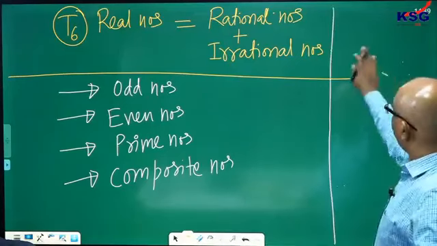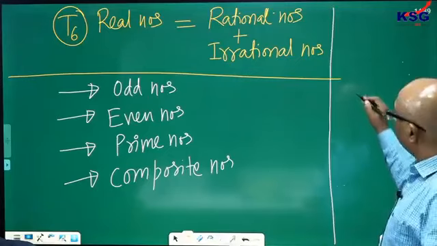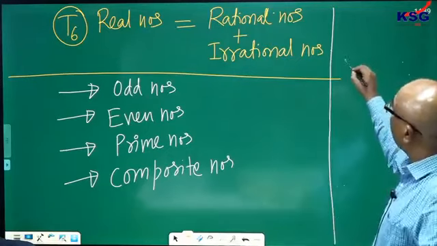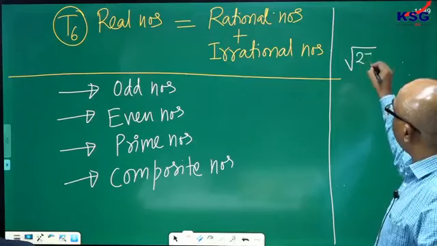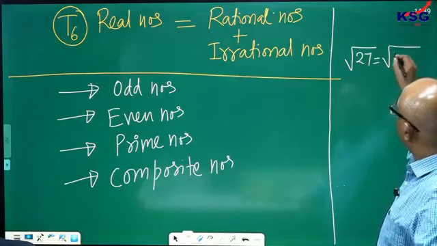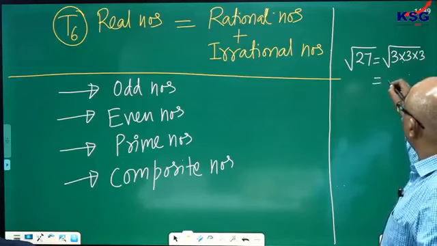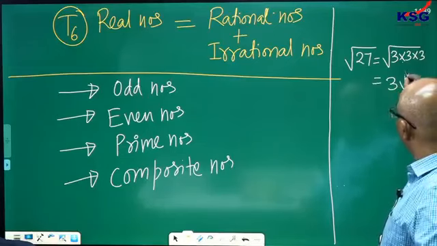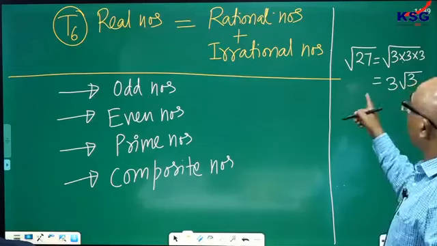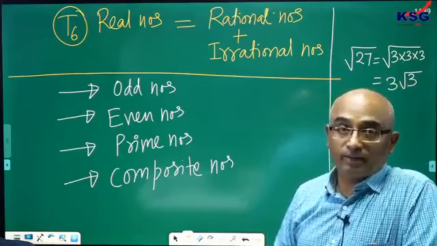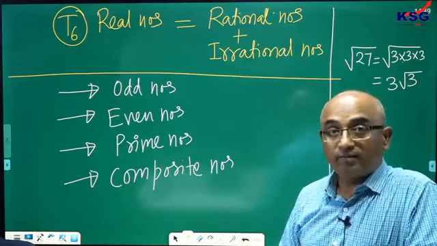One query from your side is: is the square root of 27 irrational? The square root of 27 can be written as 3 into 3 into 3. So the square root of 27 is 3 root 3. Therefore root 27 is an irrational number, not rational.